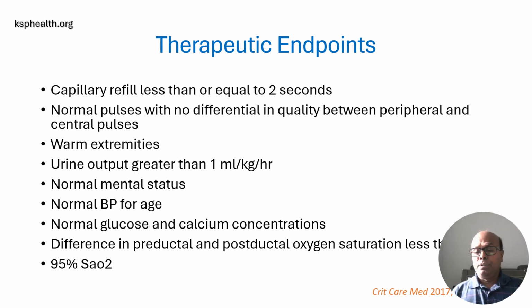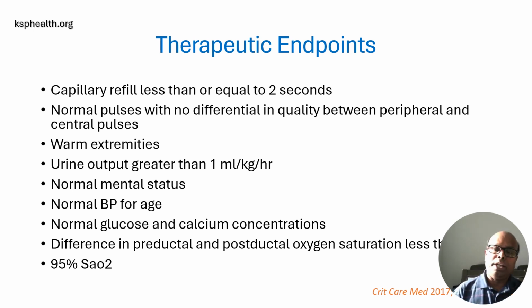Normal pulses, meaning there is no differential between peripheral and central pulses. Warm extremities. Urine output greater than 1 ml per kg per hour. Normal mental status. Normal blood pressure for age. Normal glucose and calcium concentrations. And the difference in preductal and postductal oxygen saturation less than 5%, with 95% saturation on room air.